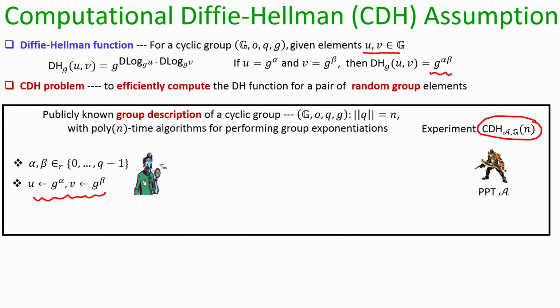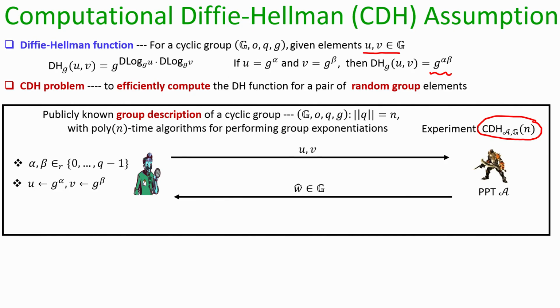So, once the challenger has computed the elements u comma v, the pair u comma v is thrown as a challenge for the adversary, and the challenge for the adversary is to compute the Diffie-Hellman function on this input pair u comma v. Since the output of the Diffie-Hellman function is also going to be a group element, the adversary has to output an element from the group, which I denote as w cap.